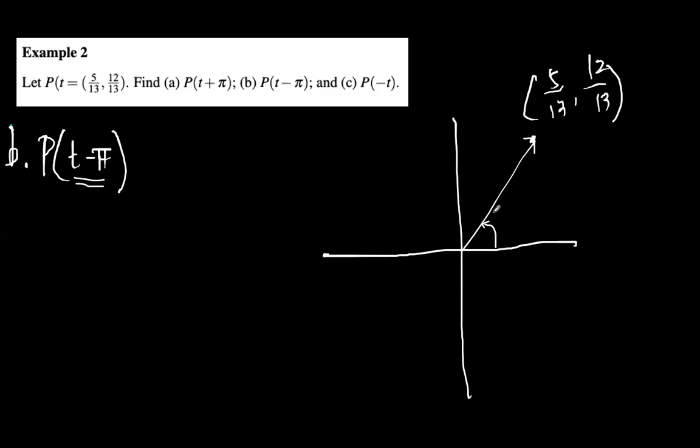So are we going to add? Okay. We're going to add negative pi. Tama yan, di ba guys? Bakit natin i-add ng negative pi? Kasi sir, T minus pi is just equal to T plus negative pi.